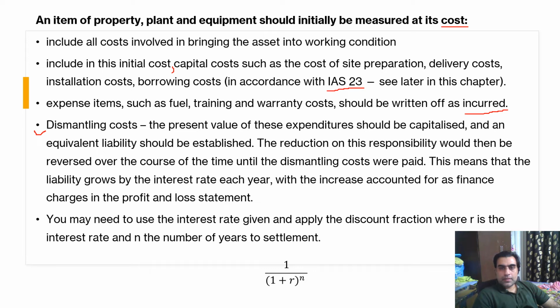The reduction of this liability would then be reversed over the course of time until the dismantling costs were paid. This means that the liability grows by the interest rate each year, with the increase accounted for as a finance charge in the profit and loss statement.